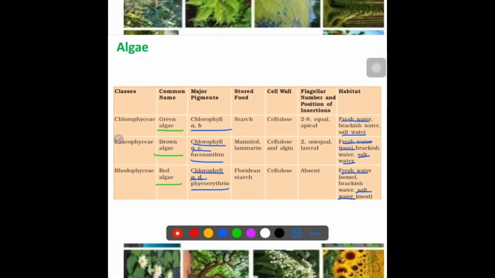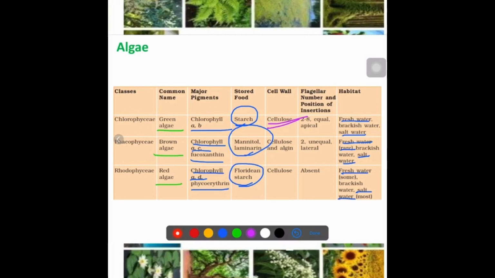Now in Chlorophyceae, the food is stored in the form of starch in pyrenoid cavities, whereas in Phaeophyceae, it is stored in the form of mannitol and laminarin. In Rhodophyceae, it is stored as Floridian starch. When it comes to the cell wall, in Chlorophyceae it is primarily made up of cellulose.